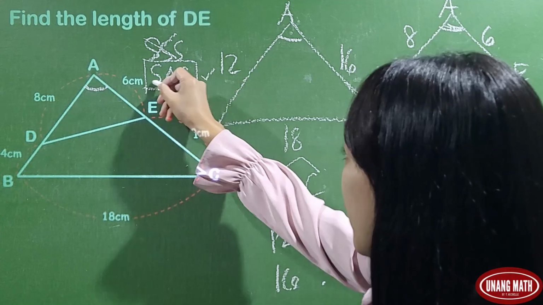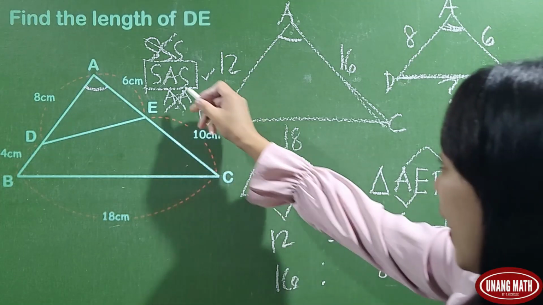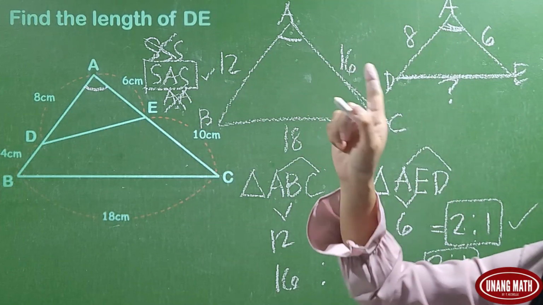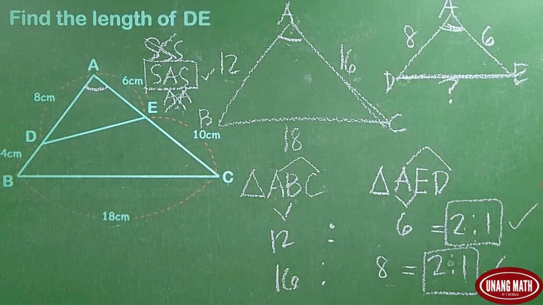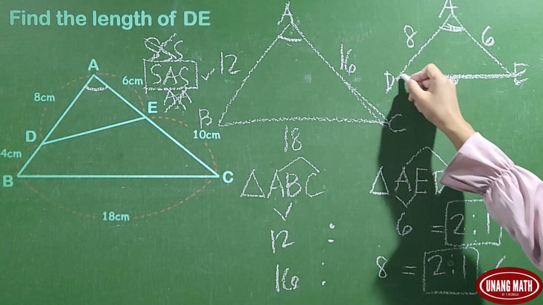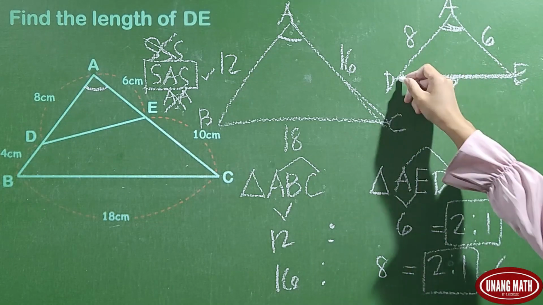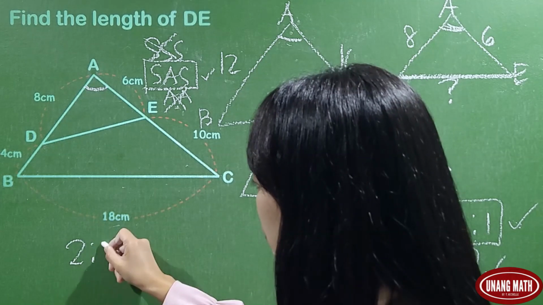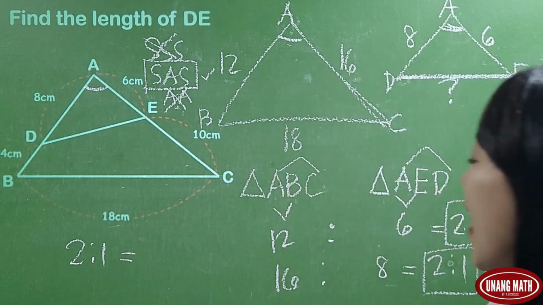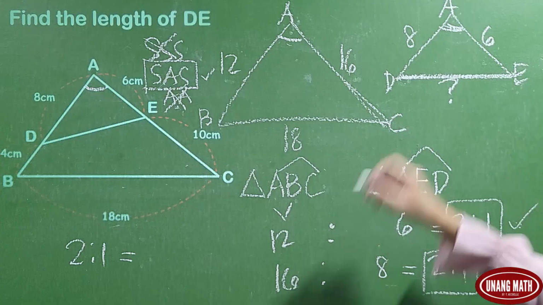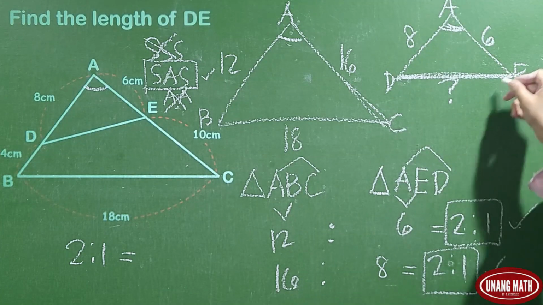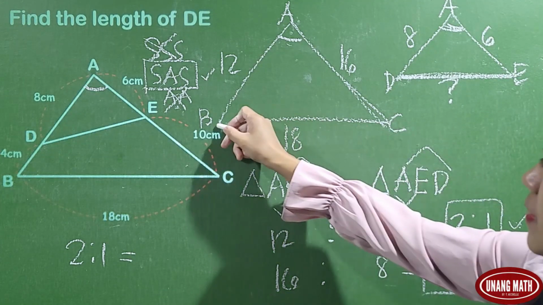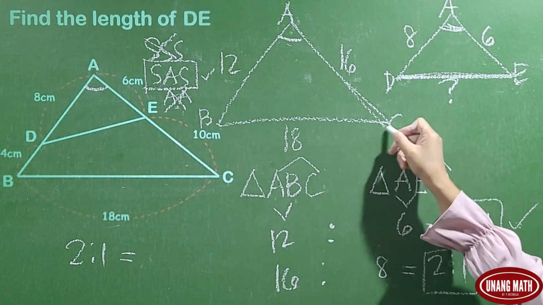So we have here two sides and an included angle, so SAS similarity. From this, we can now find the length of this side DE. We are going to make use of the ratio 2 is to 1. So 2 is to 1 is equal to, this side DE corresponds to this side BC.